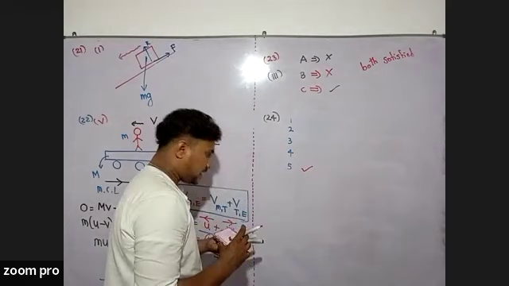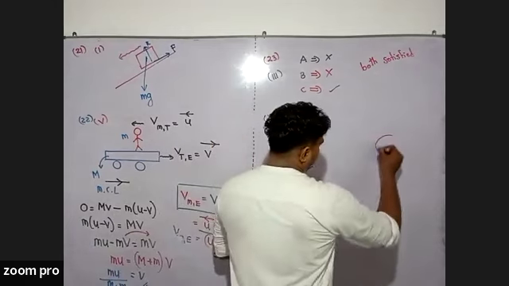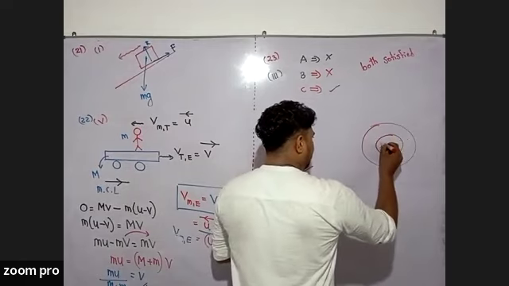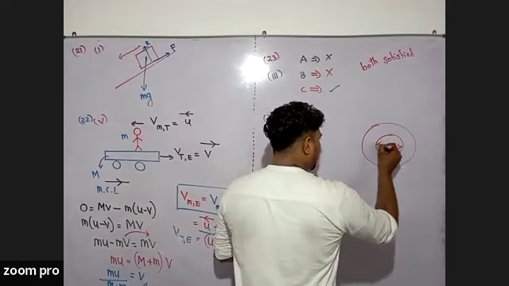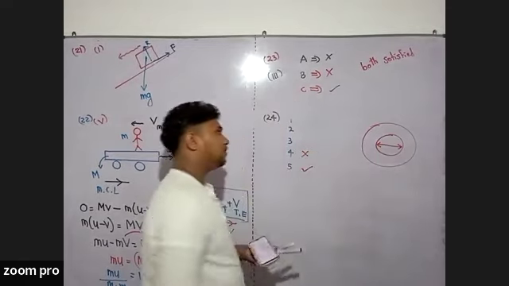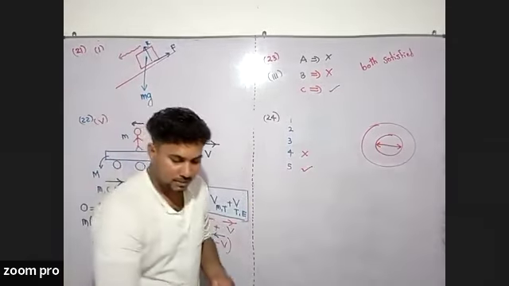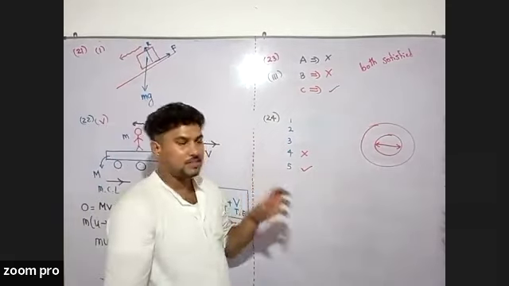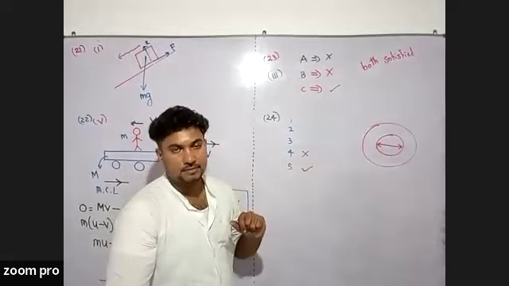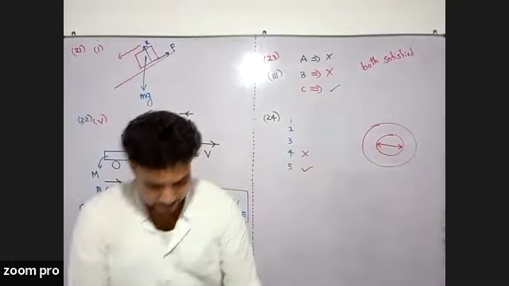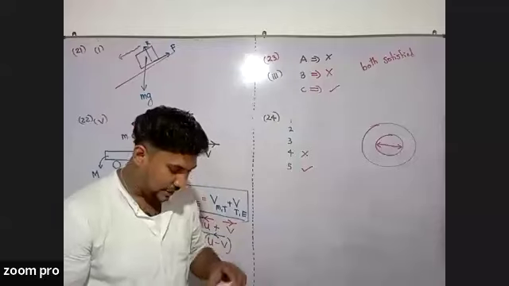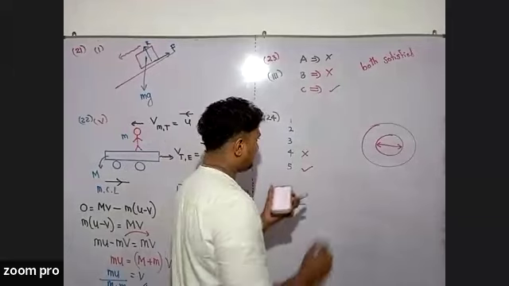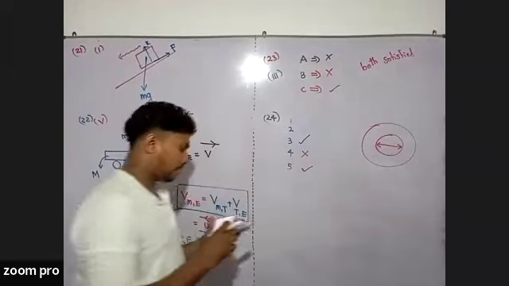Internal diameter of a cylindrical tube: the diameter cannot be obtained using a spherometer, because we can't insert the particular parts into this internal surface, isn't it? So the fourth one is incorrect. To measure the linear expansion of a rod, that can be measured. Expansion can be measured using a spherometer.